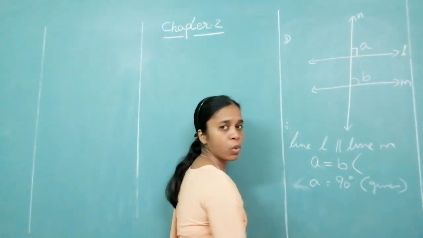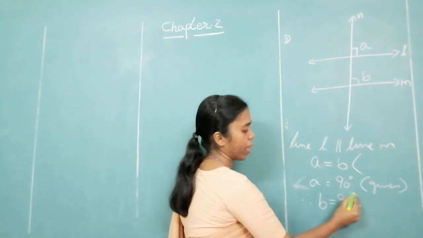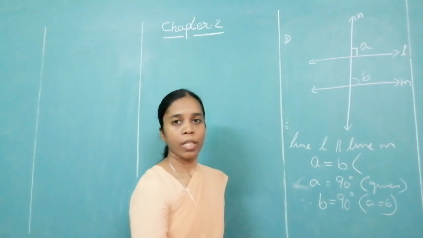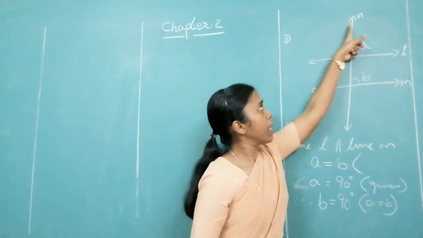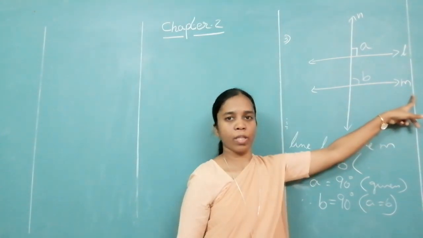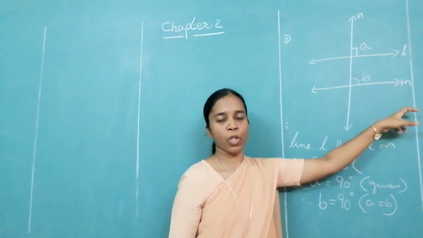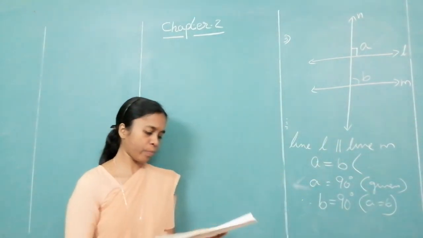Therefore, B also is equal to 90 degree since A is equal to B. Therefore, this angle also is 90 degree. Means what? Line is perpendicular to this line. So therefore, we can say that line N is perpendicular to line M. Please copy it.